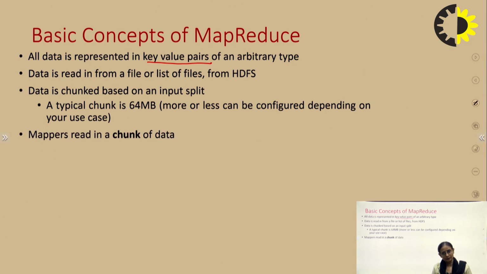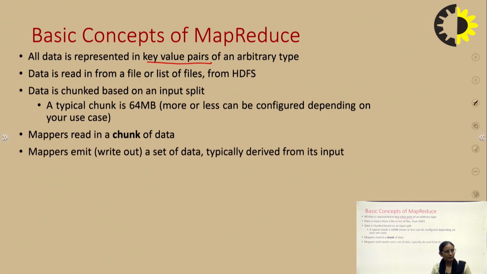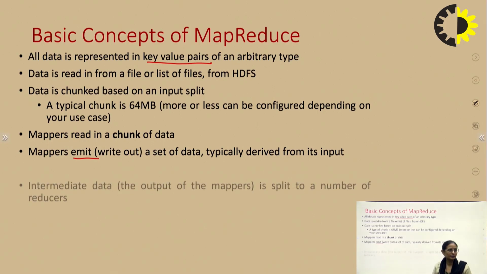So we have map and reduce. Corresponding to the map function, we have mappers. The mappers read in a chunk of data. Mappers emit. There is a function emit. What does it imply? Write out a set of data typically derived from its input. That is, it will read something and produce an output, and this process of producing the output is emitting the data.